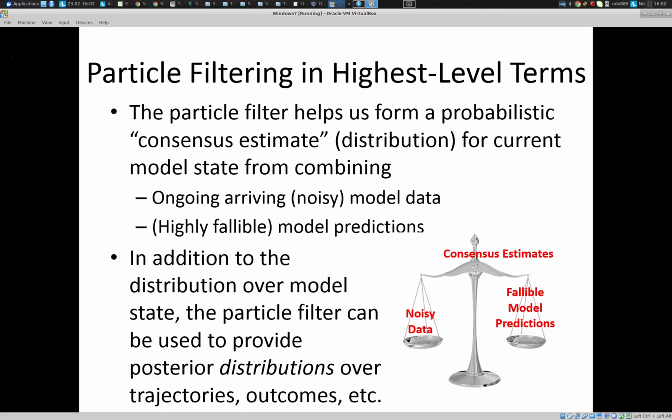In fact, in the form of a distribution from which we sample, associated with what the current situation is, the latent state of that model, the state of the model that's currently arriving. And this is going to consider ongoing incoming data that's coming in over time, and model predictions.